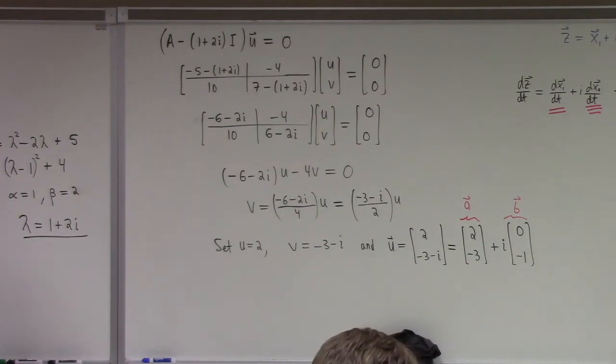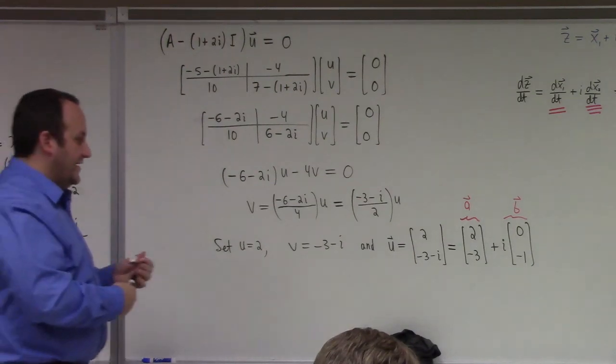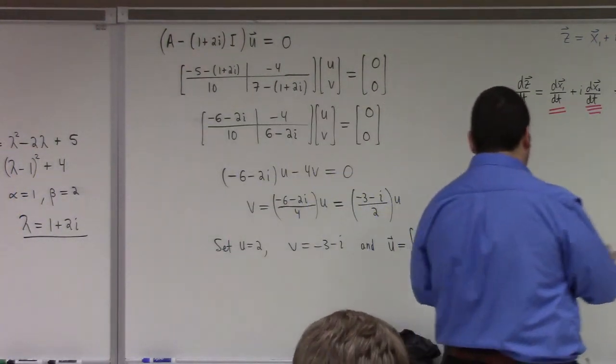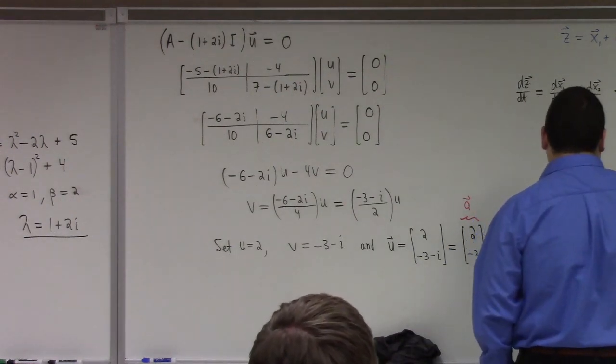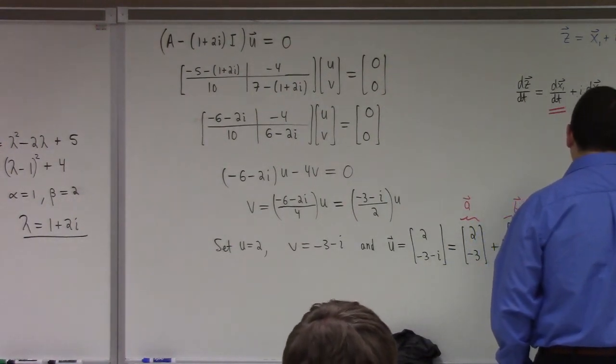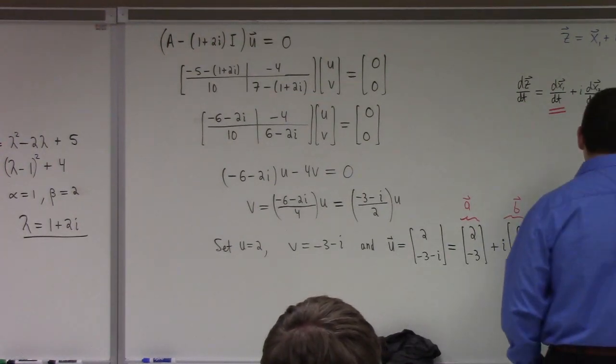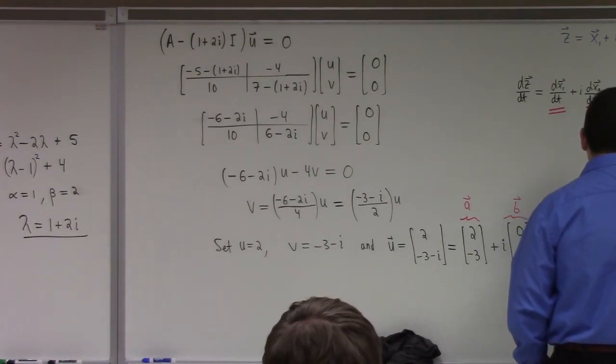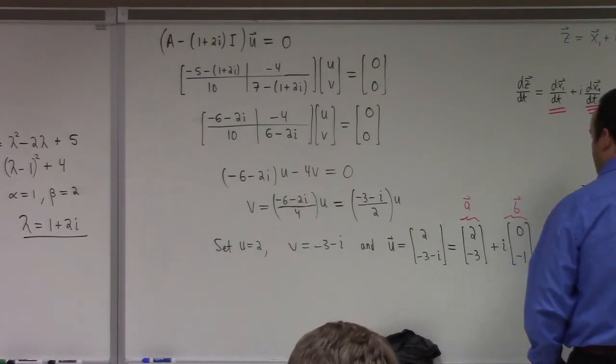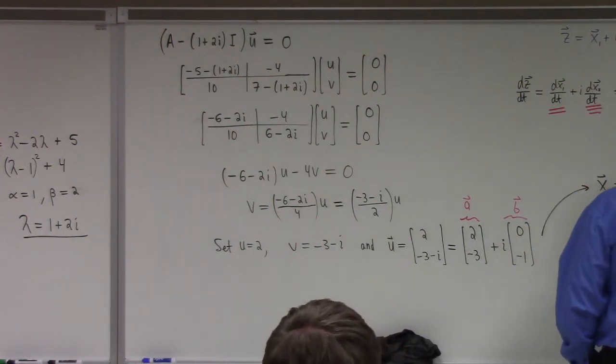Now we have everything we need, given the general derivation I just did, to write down the solution. So what's my x1? e to the alpha t, which is e to the t. And then I'm supposed to do cosine of, what's my beta? My beta is 2. Cosine 2t.